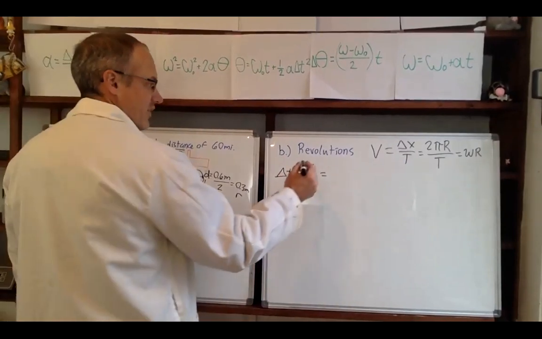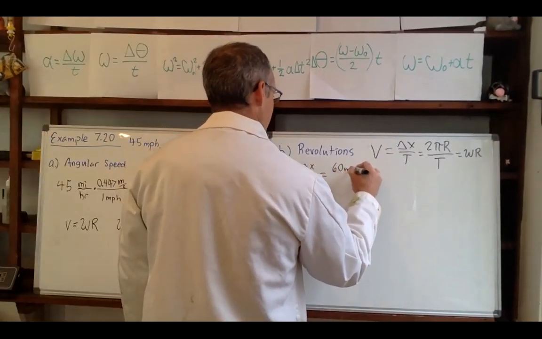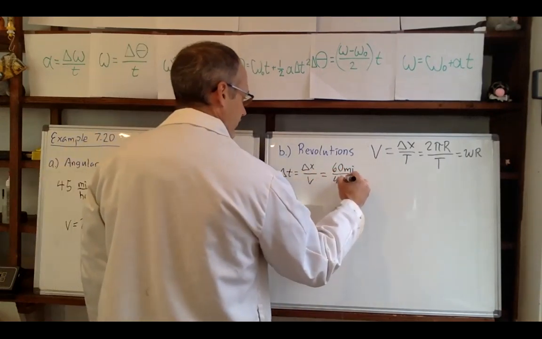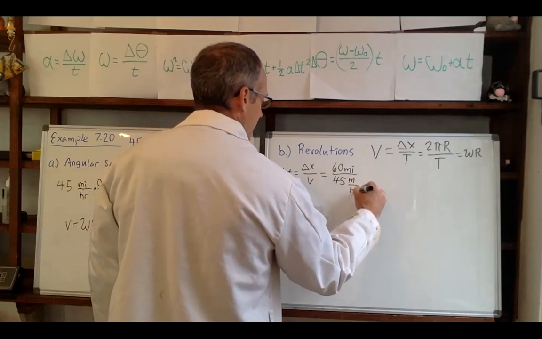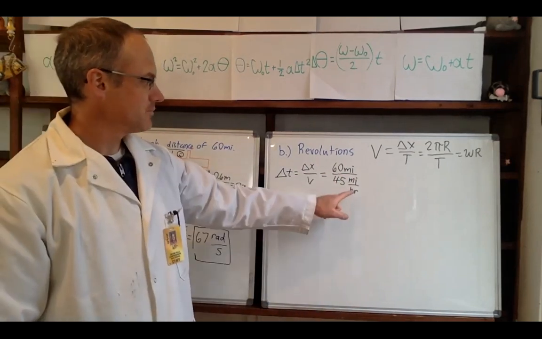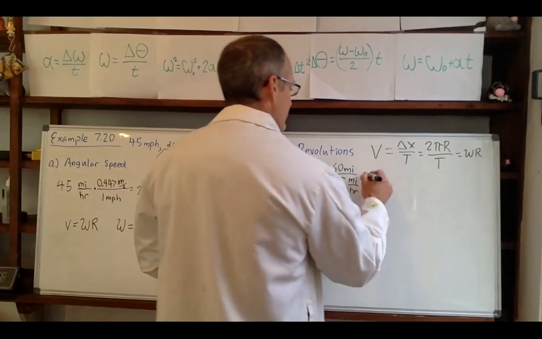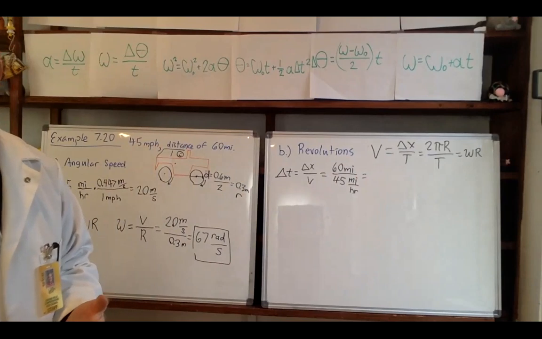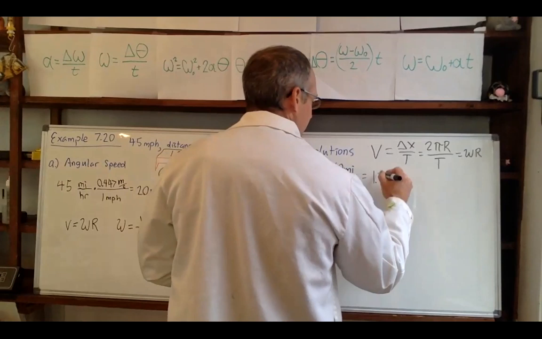I've moved stuff around a little bit, but same idea. So the distance we're traveling was 60 miles, and the velocity was 45 miles per hour. All right, so you can see miles is going to cancel out. Hours is going to be our unit, so we'll know how long this trip takes in hours, and then we can convert that to seconds.